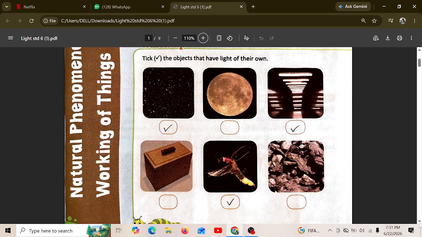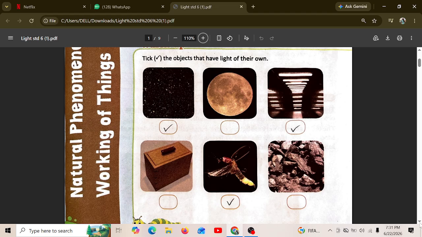But you might be thinking that, ma'am, you said that the heavenly bodies are giving off their own light in the first one, the stars. But why isn't the moon giving off its own light? It shines bright in the sky in the night. No, children. If you remember what you have learnt in your previous classes, the moon never gives off its own light.